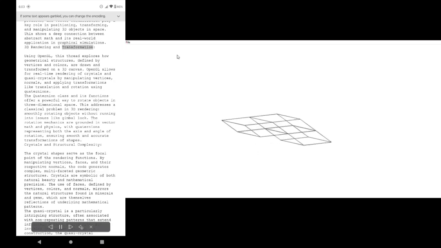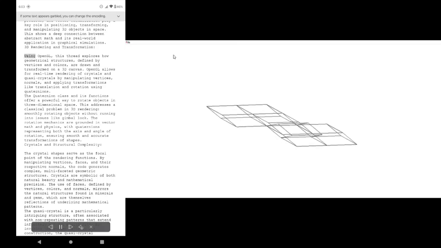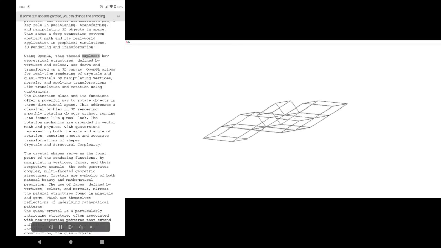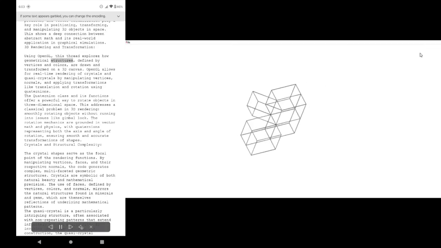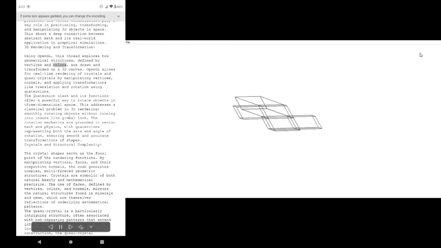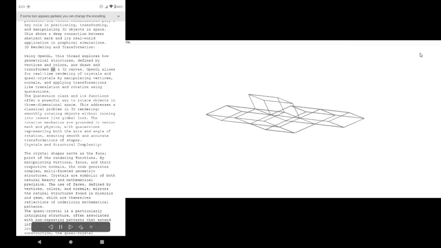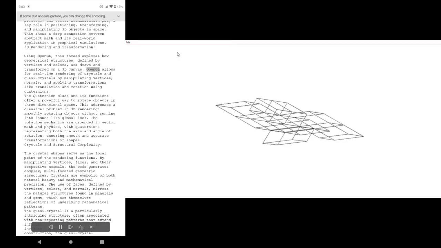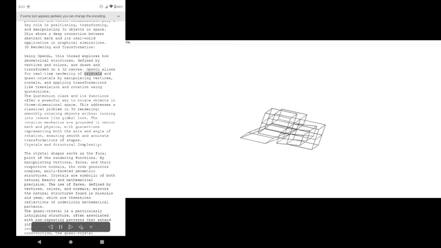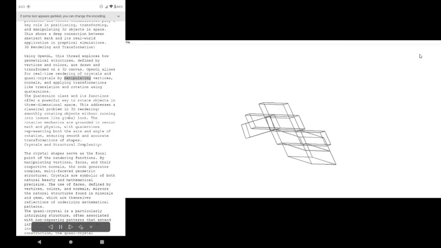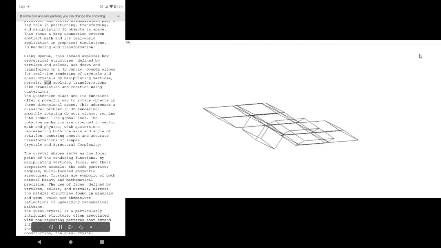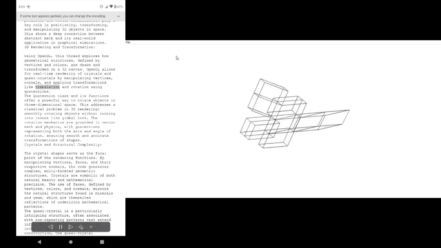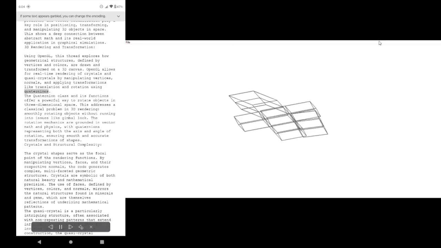3D rendering and transformation. Using OpenGL, this thread explores how geometrical structures, defined by vertices and colors, are drawn and transformed on a 3D canvas. OpenGL allows for real-time rendering of crystals and quasi-crystals by manipulating vertices, normals, and applying transformations like translation and rotation using quaternions.